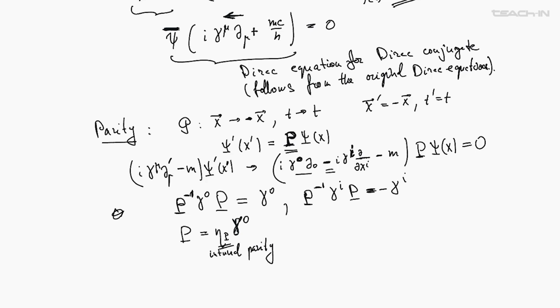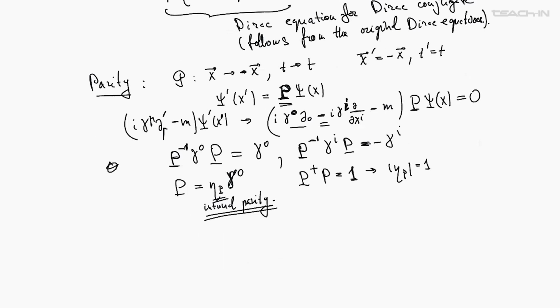This transformation P we can require to be a unitary operator. So it is a unitary matrix satisfying the condition P dagger P is equal to 1, which means that this number eta P must be a phase. So it must have a modulus equal to 1. And then you might also require that if you perform parity twice, you return back to the original point.